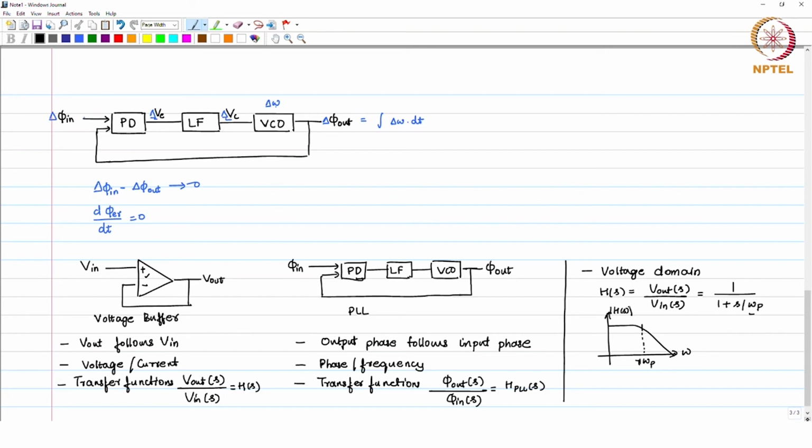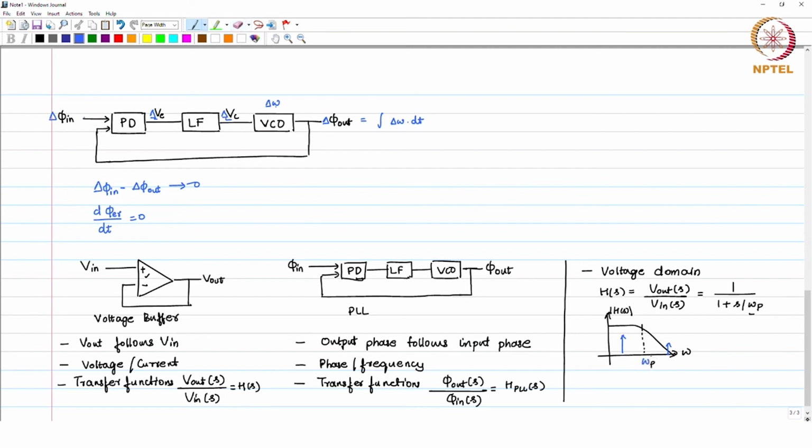When you have this transfer function with respect to input voltage and output voltage, what does it mean? It means that if my input signal is within the signal bandwidth omega p, it will pass through. If I have a signal outside the signal bandwidth omega p, it will get rejected.